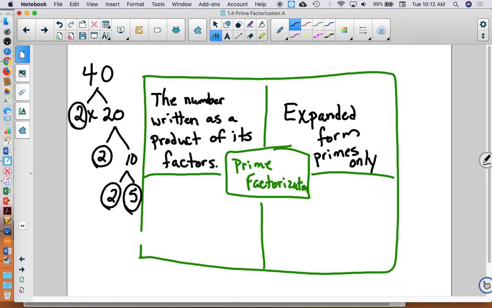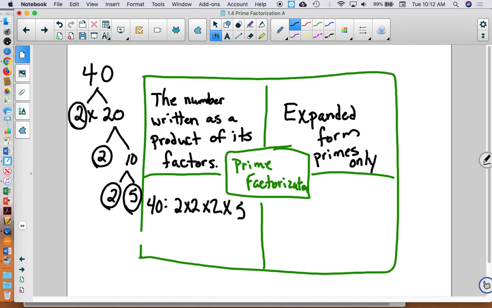My prime factorization is written as the product of its factors. The prime factorization for 40 is 2 times 2 times 2 times 5. That's the prime factorization, the way it's written.